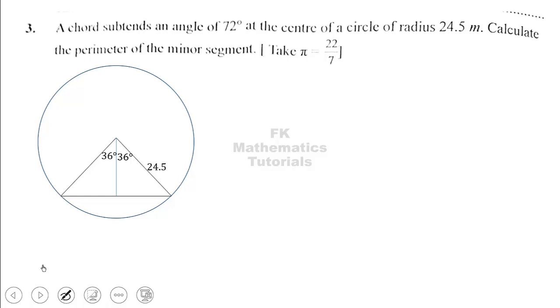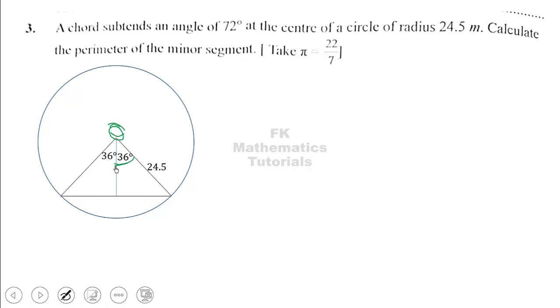Now we can illustrate this on the diagram like this. This is the center of the circle, and the angle at the center is 72. So we can divide it into 2 equal parts, and that will give us 36 degrees each.